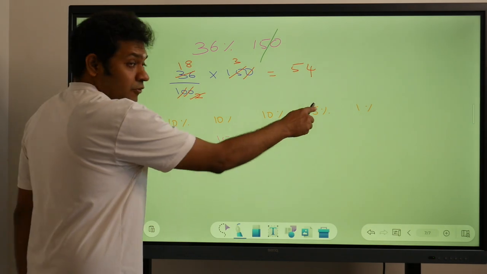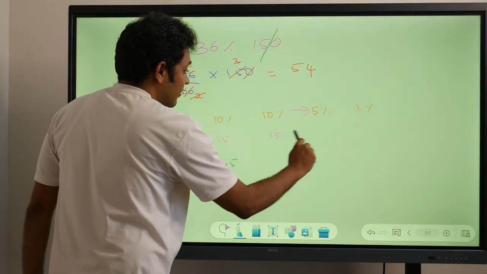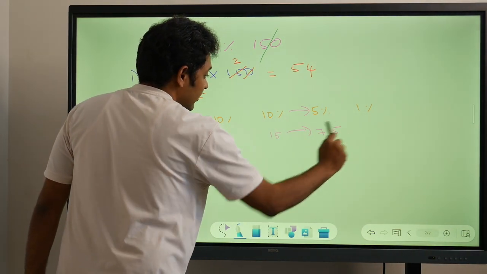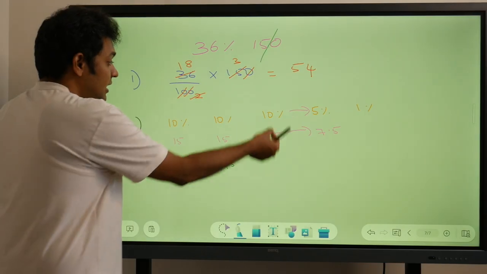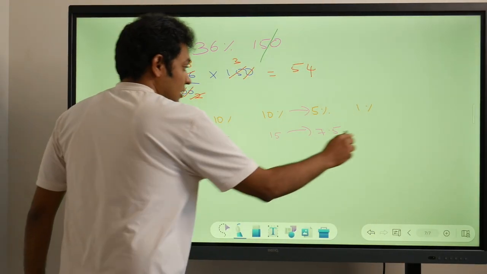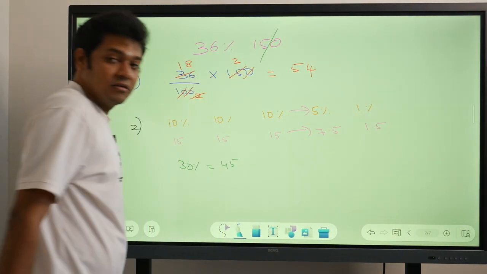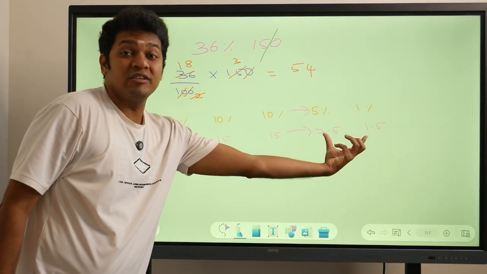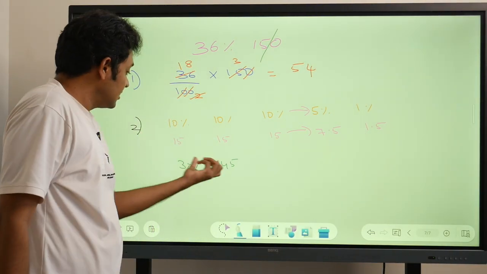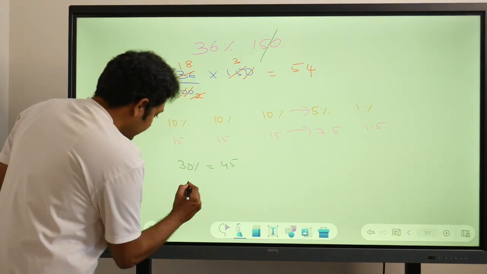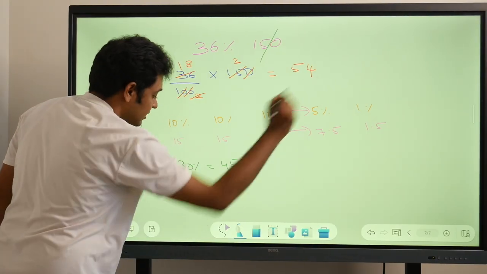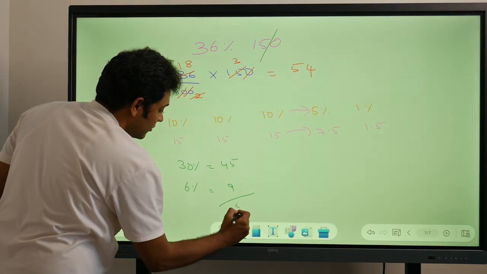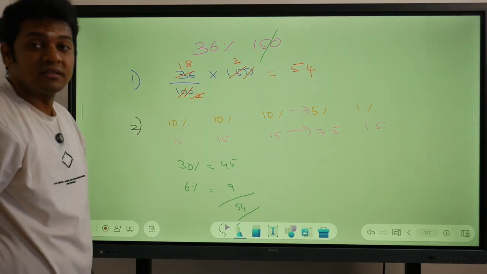If 10% is 15, what is 5%? Just half of this, 7.5. What is 1%? 1.5. So 5% plus 1% is 7.5 plus 1.5, which is 9. So 36% is 30% plus 6%, 6% is 9, hence we have 54. This is another method.